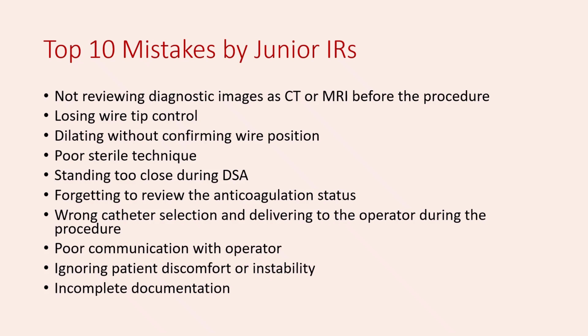Not reviewing the images of the patient before starting the procedure, losing the wire tip control during angiographic procedures, dilating without confirming the wire position within the target vessel or tract, poor sterile technique leading to infection, standing too close during the digital subtraction angiography, getting more radiation, forgetting to review the anticoagulation status of the patient, wrong catheter selection, poor communication with the operator during the procedure, ignoring the patient discomfort and instability, and incomplete documentation of the patient's data.